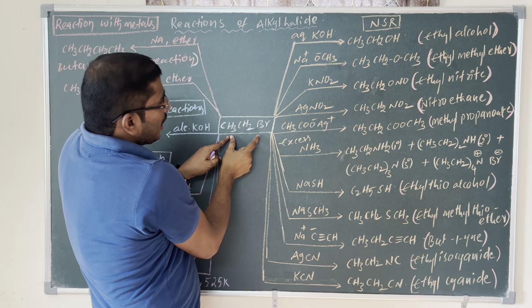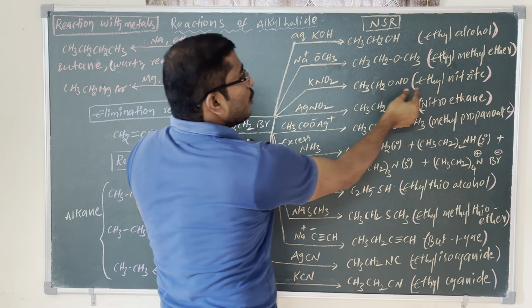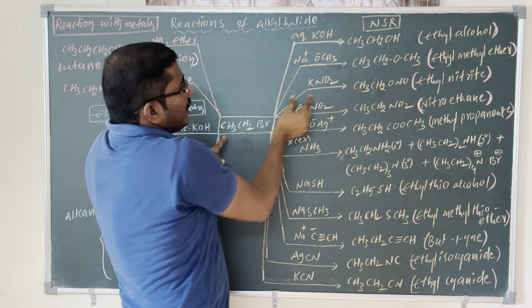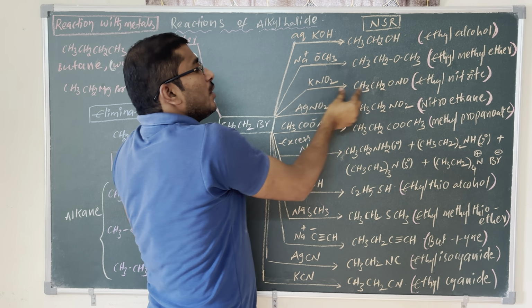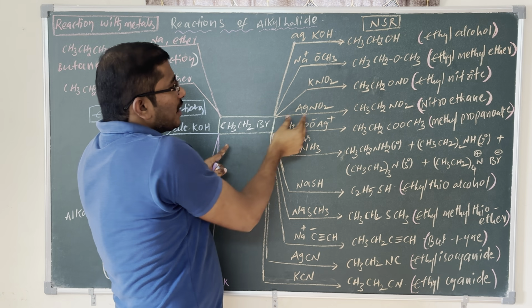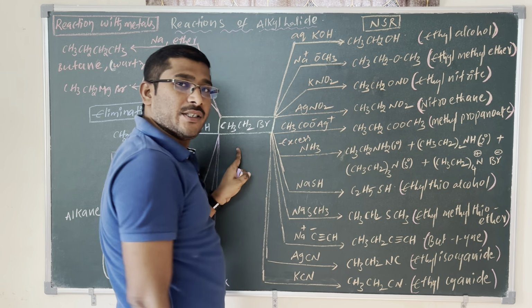Next, alkyl halides react with potassium nitrite to give ethyl nitrite. Ethyl bromide reacts with potassium nitrite to give ethyl nitrite. Ethyl bromide reacts with silver nitrite to give nitroethane.